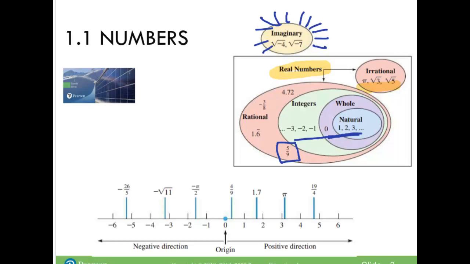Those are positive values, so they're to the right of 0. And 0 has a special name. It's called the origin, as we look at the number line. And these numbers that lie here to the left, that are decreasing, those are negative in value. And here again, they could be rational or irrational on our number line.